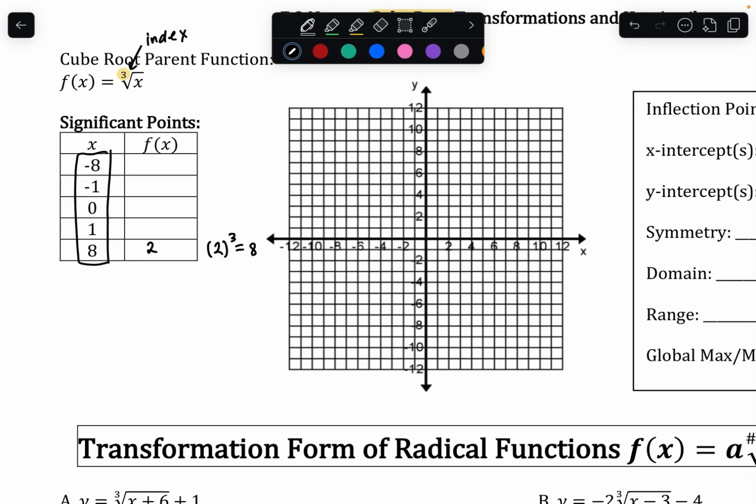And so we know the cube root of 1 is 1 because 1 cubed would have given me 1. Cube root of 0 is 0 because 0 cubed would have given me 0. And the cube root of -1 is -1 because -1 cubed gives me -1. And the cube root of -8 is -2 because -2 cubed would give me -8.